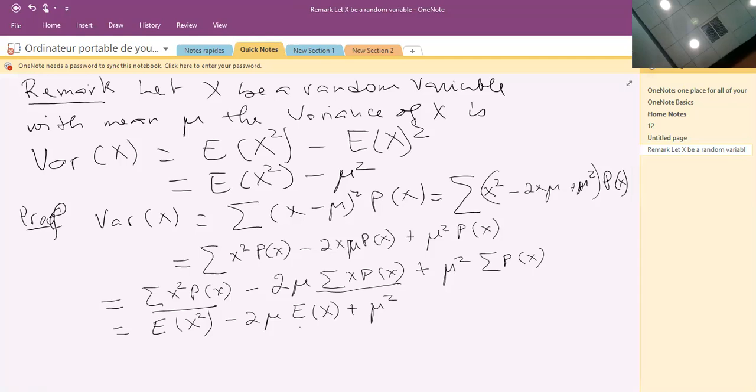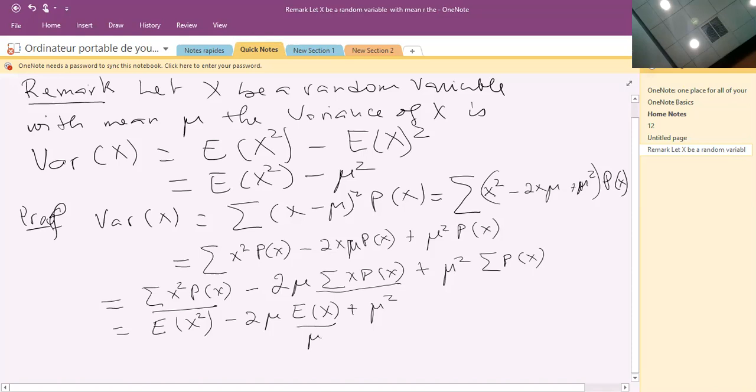So now remember that this E of X is the same as mu. So this will become E of X squared minus 2 mu squared plus mu squared, which equals E of X squared minus mu squared.